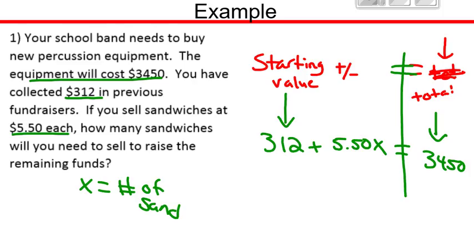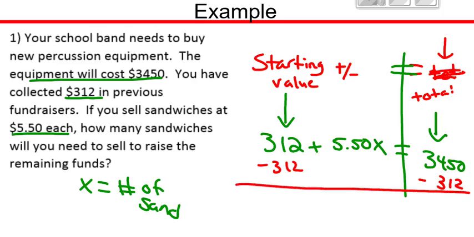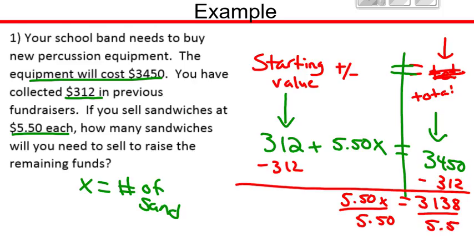So I'm going to subtract 312 from both sides. And that's going to give me 3,138. And then when I divide both sides by 5.50, you wouldn't pay $550 for a sandwich, I don't think.